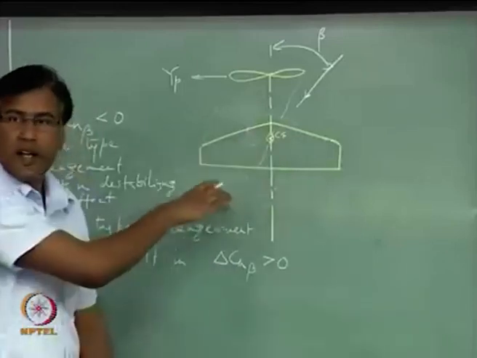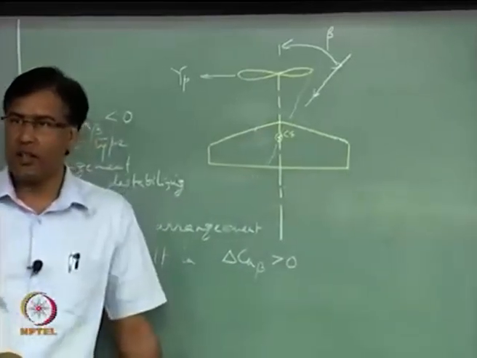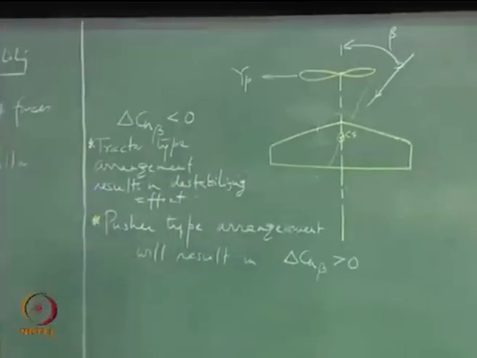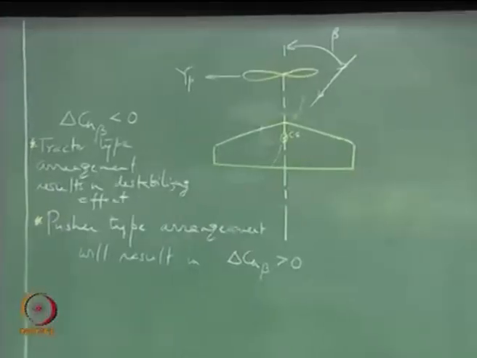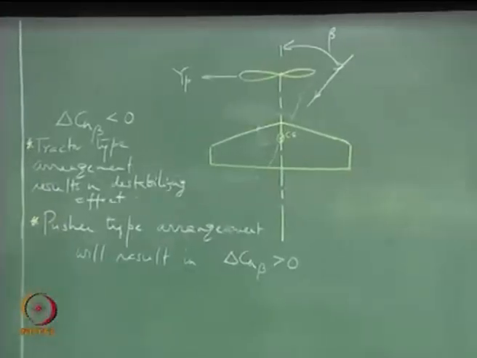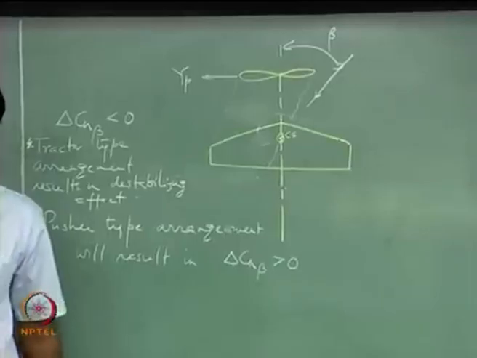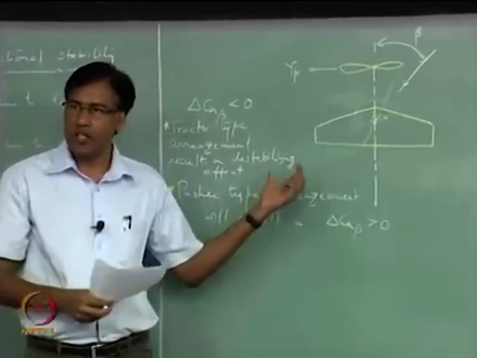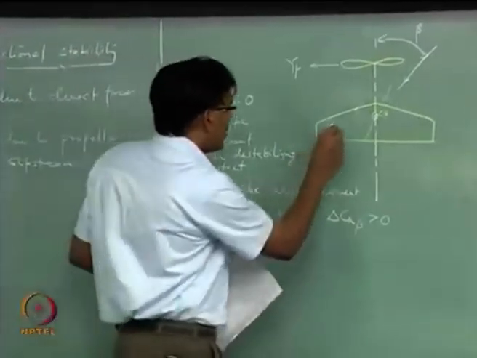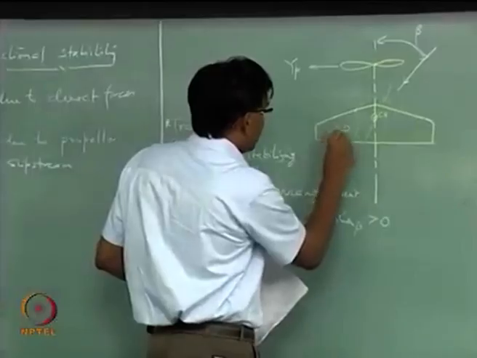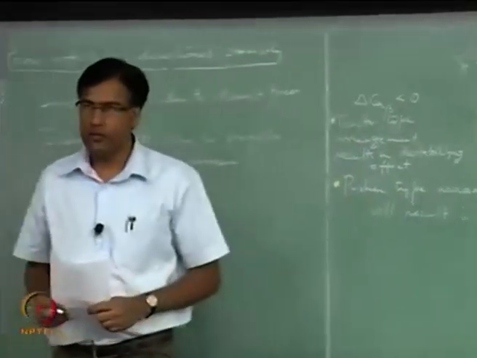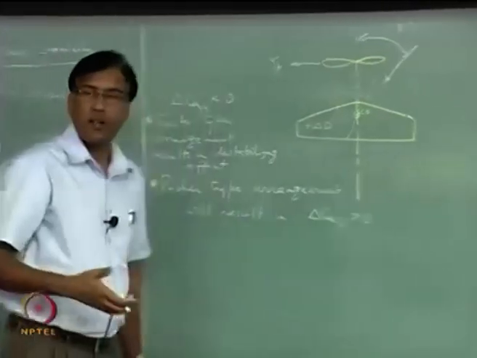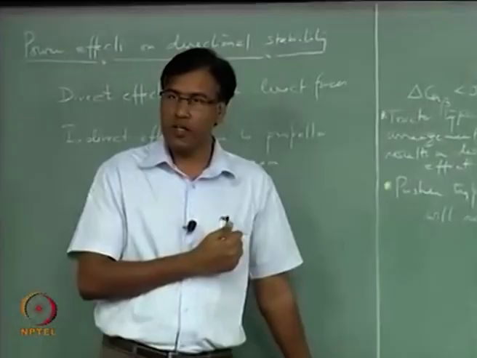So, flow is affecting this part of the wing, right, and because of which there will be an increase in what, the drag on this part. Okay. So, delta D, which will be increased because of this propeller slipstream, right.